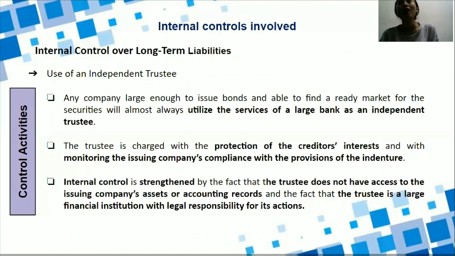They will be responsible for the registration, transfer, and also the payment of the bond. They act like an agent for companies who have enough resources and money to hire them.